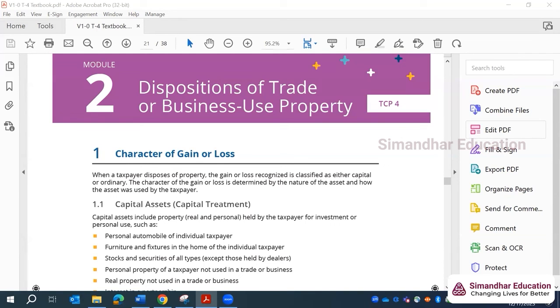Any admin related question, whether you have to buy the TCP book, online access and all that, I would request you to reach out to the admin. There are a few new topics in the TCP, so it is highly recommended that you get a new TCP book.